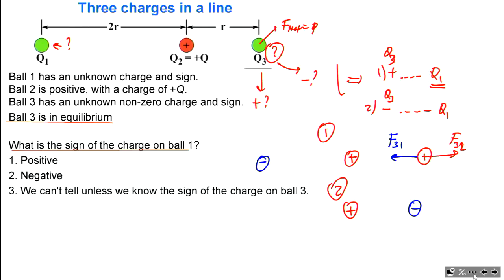Then you have to draw a force which would cancel out the first force. And then you have to make a statement about the polarity of the first charge. And you can talk. You don't have to whisper.